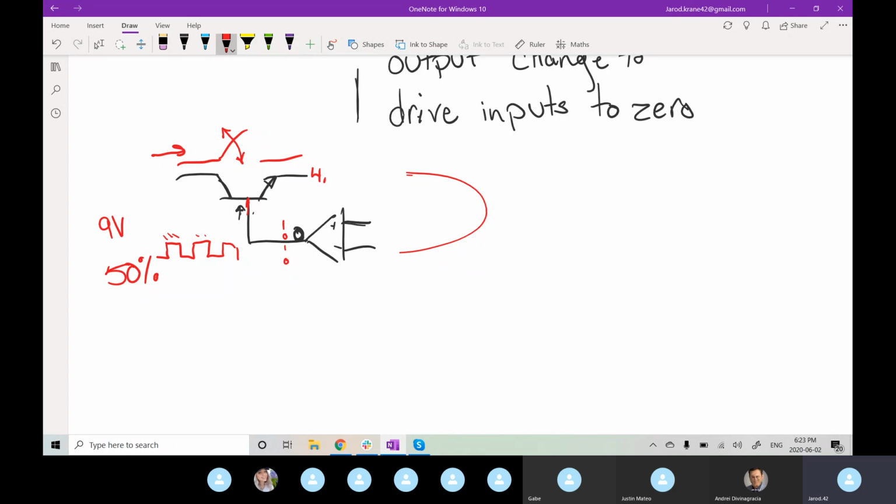What you can basically see is that you'll have 4.5 volts, which will be your average DC output coming from that.